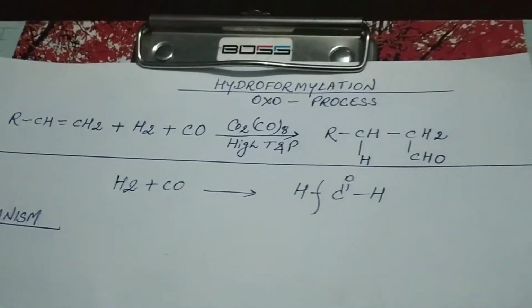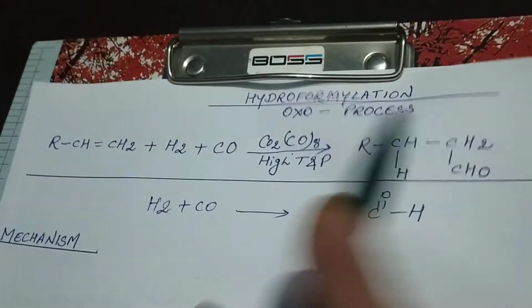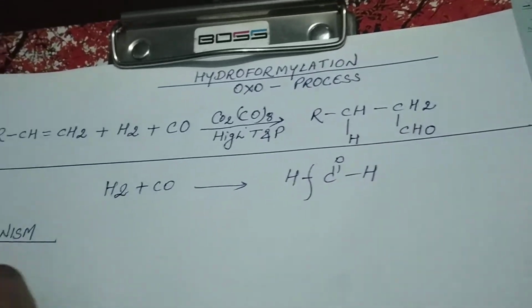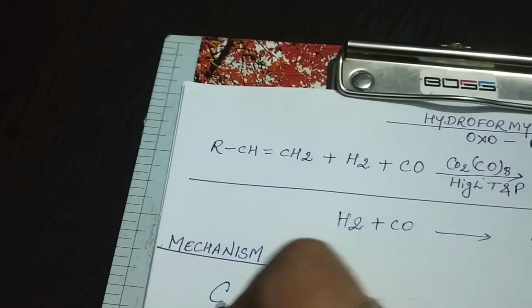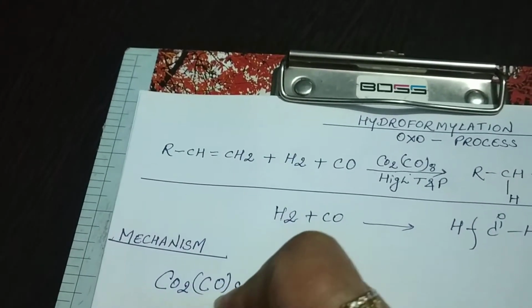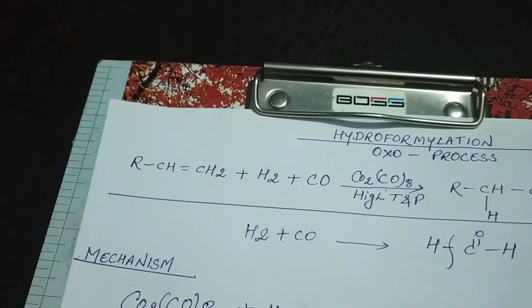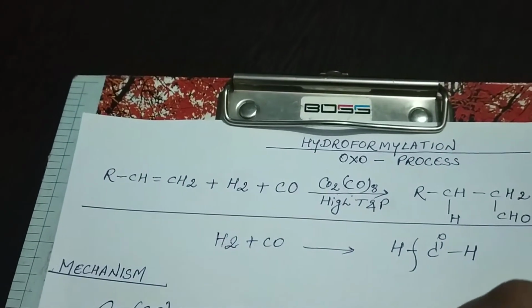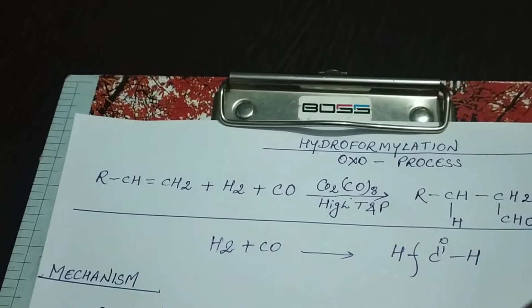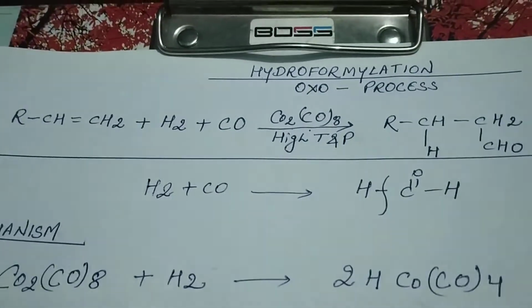Now let's see the mechanism. The catalyst which we have used for this reaction, we will start from this catalyst, Co2(CO)8. It reacts with hydrogen, forming metal carbonyl hydride.